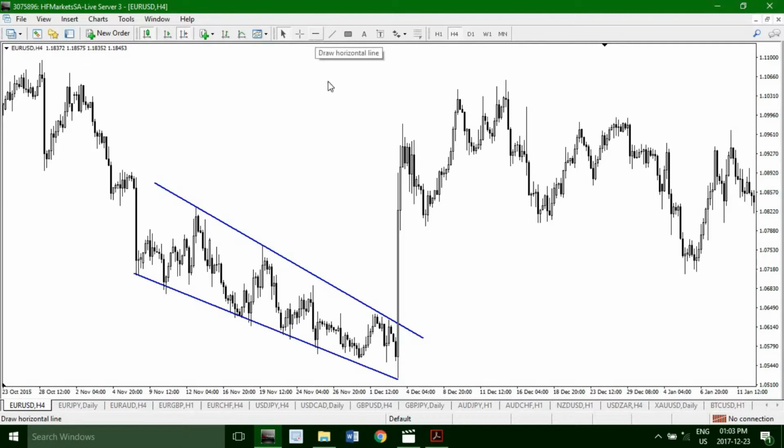So if we were to trade this, the moment price reaches this level, slightly above our breakout, our entry would be somewhere over here.